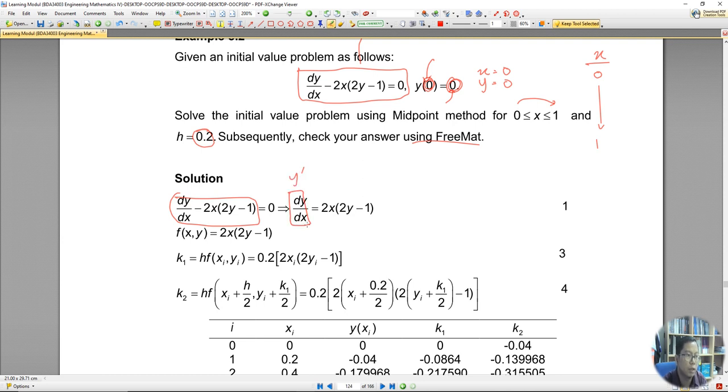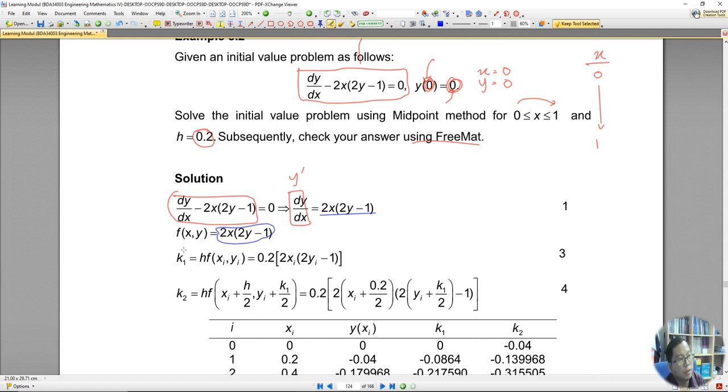This is considered y prime, dy/dx. Based on this, we know that the equation for y prime is 2x multiplied by (2y minus 1). This is the formula that we will use later on.